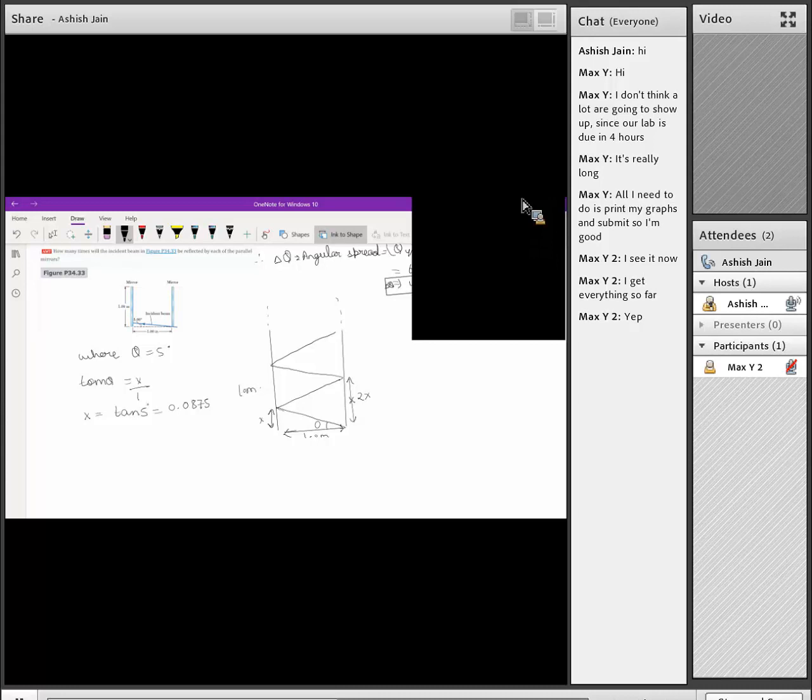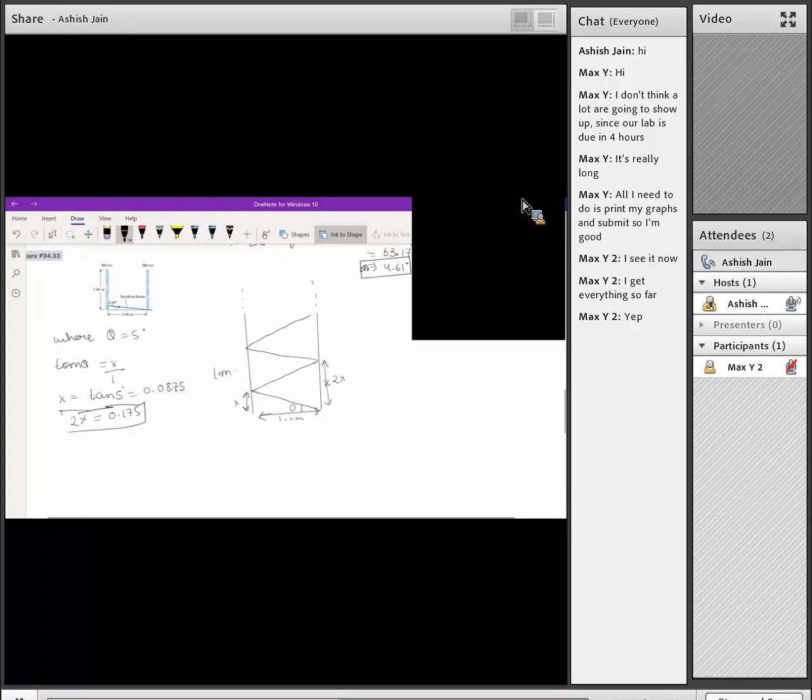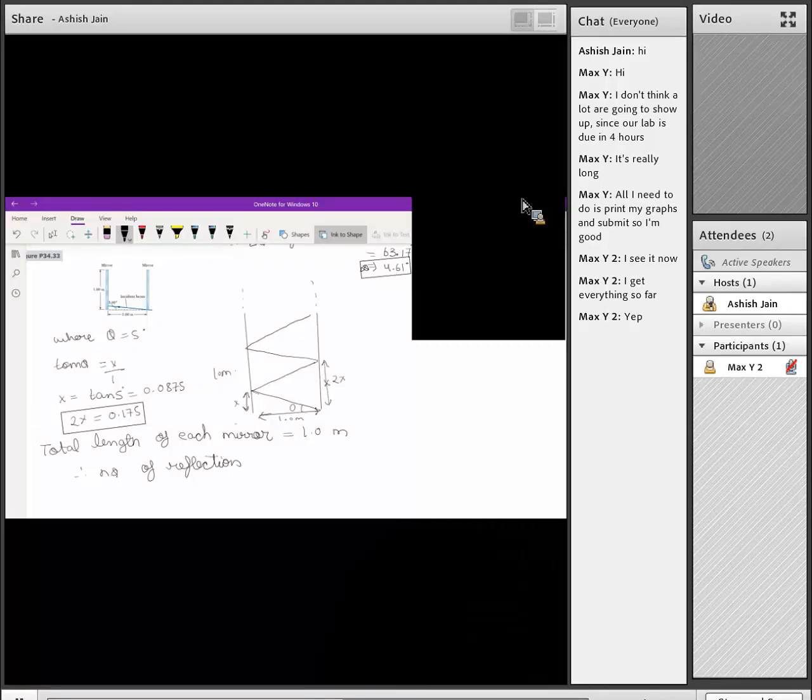So 2x is 0.175. So one reflection is 0.175, and the total length of each mirror is 1 meter. The number of reflections is 1 by 0.175.